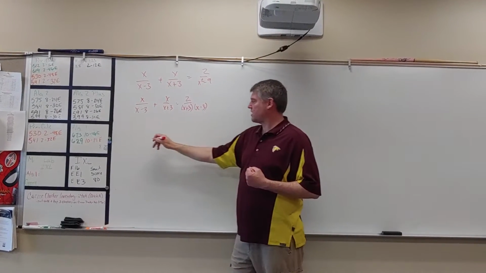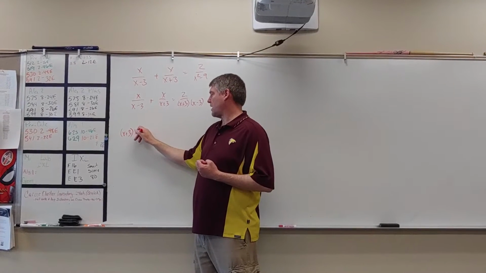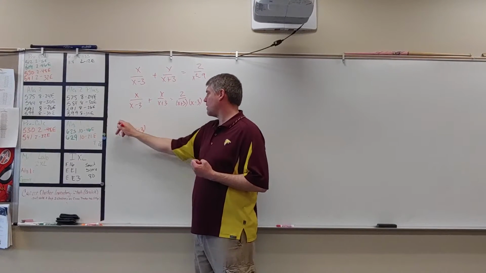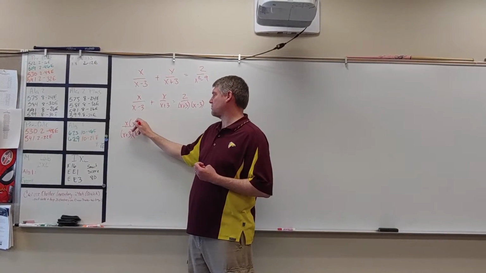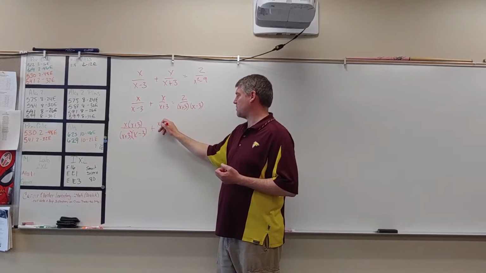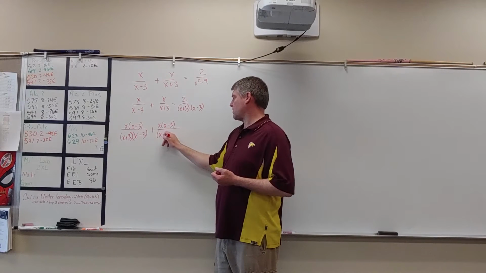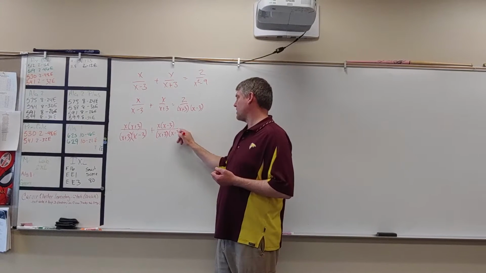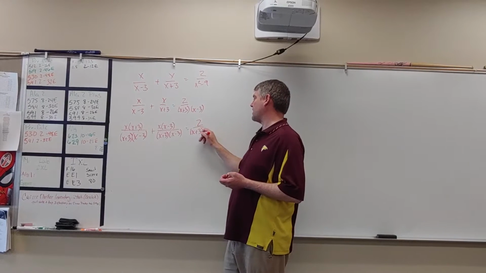My common denominator is going to be x plus 3 times x minus 3. This first fraction is missing the x plus 3, so I have x times x plus 3. Plus, this one is missing the x minus 3, so I'm going to multiply by x minus 3, x plus 3 over x minus 3. And this side is missing nothing, so I'm just going to rewrite it.